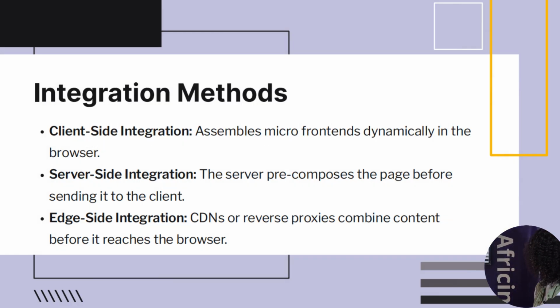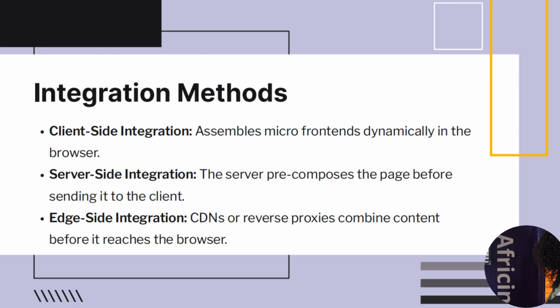Integration methods. We have different ways to integrate microfrontends into one application. The first one is client-side integration. This enables JavaScript to render these different microfrontends into a single application.